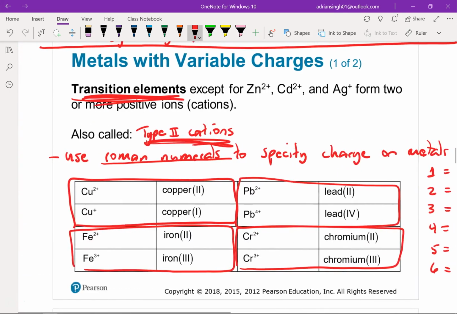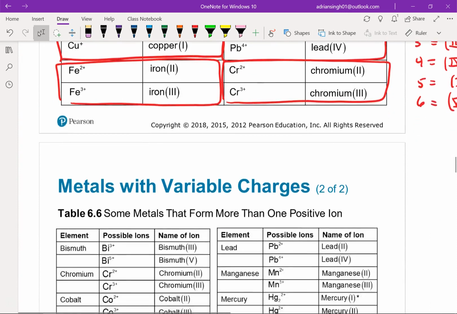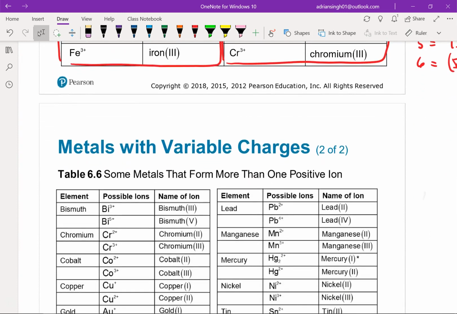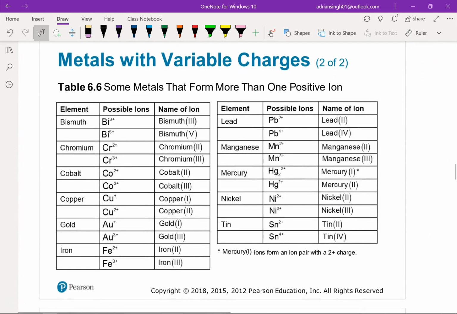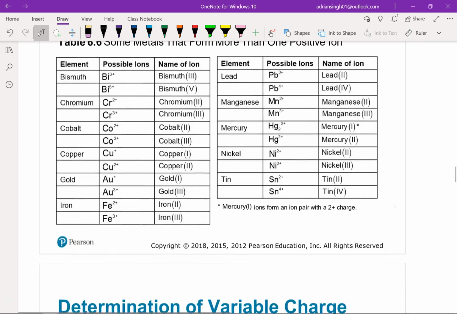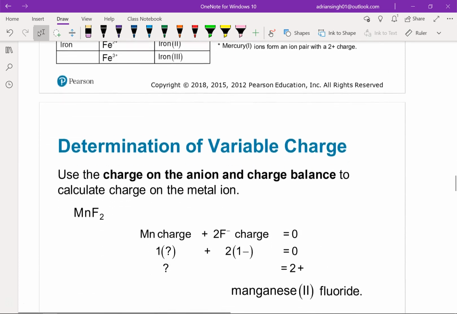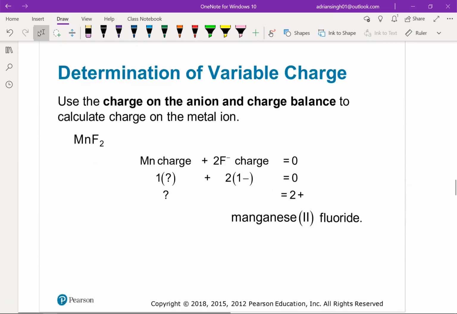So we're going to use these Roman numerals as part of the naming, or the nomenclature, of these metals that can have variable charges. So here's maybe a much longer list of metals that can form different charges. So let's take a look at how we determine the charge on a metal that belongs to this category.